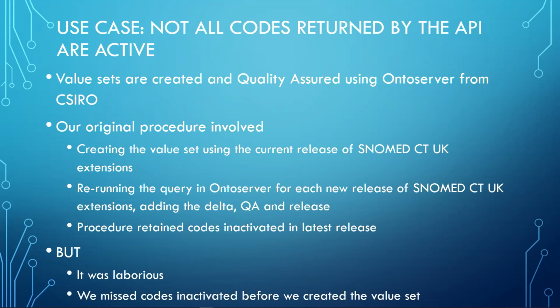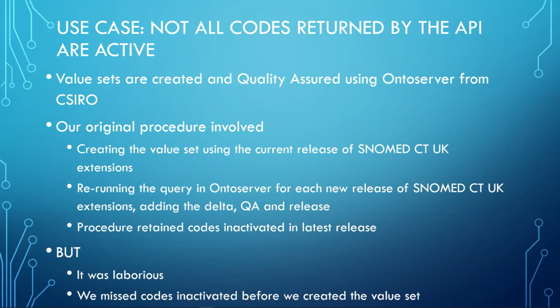The problem with this is that it was laborious, but it also had the problem that it was an arbitrary starting point, and we couldn't identify codes which had been written into the record system some months or years ago before we'd actually created our first instance of the value set and had been inactivated.